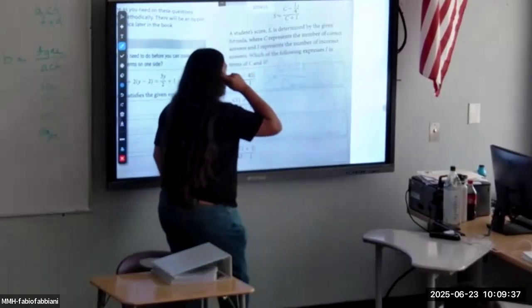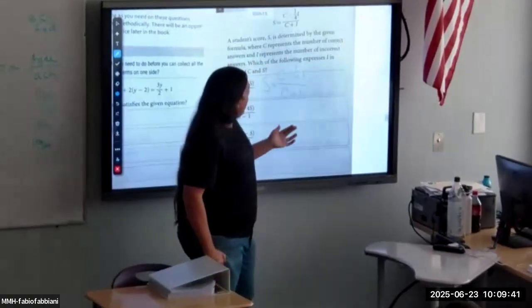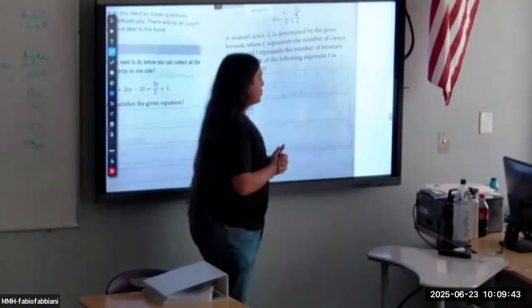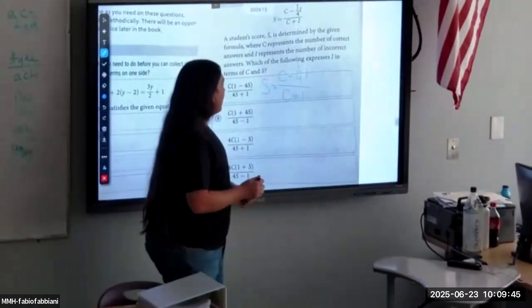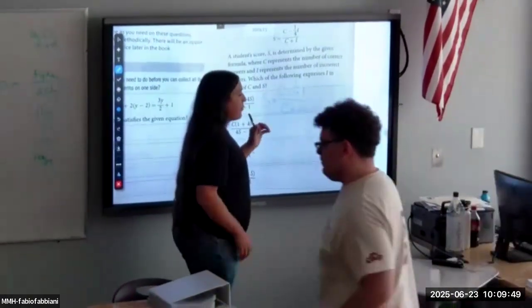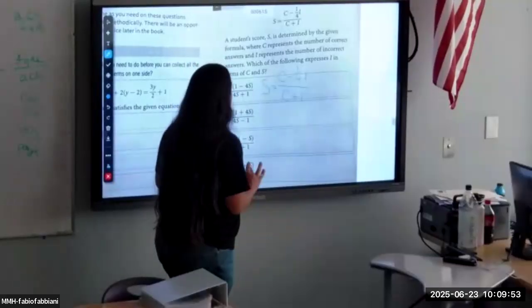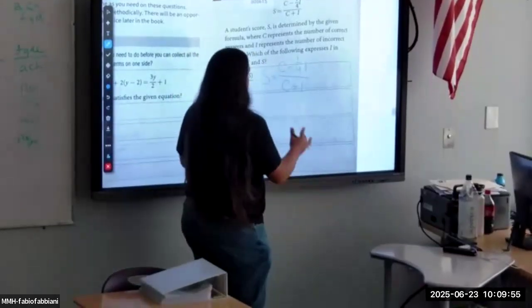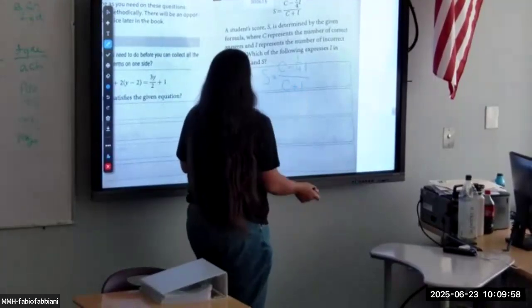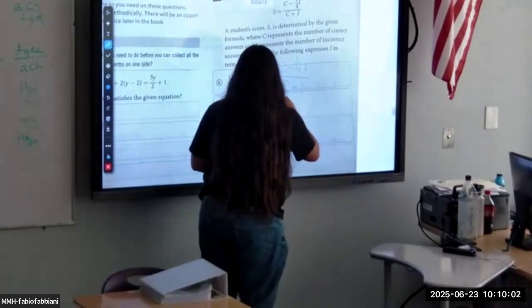So it's kind of complicated because what we're trying to solve is I, but it's on both sides of the fraction. So what I'm gonna do, I'm first gonna multiply the denominator on both sides to get rid of the fraction, and I'm gonna try to see what I can do to get all the i's on one side. So first I'm gonna multiply by C plus I, so it's gonna be S times C plus I.